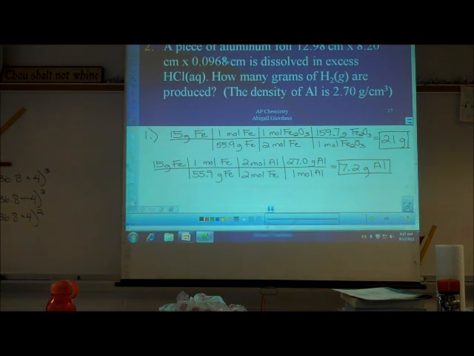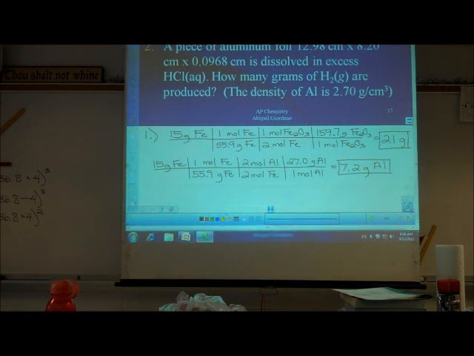Volume. Okay? And what unit would that volume be in? Centimeters cubed. Okay? So it says you're adding aluminum to some HCl. How many grams of H2 gas are produced?